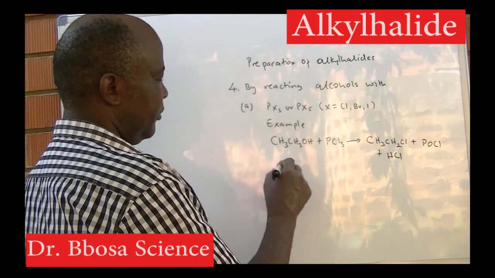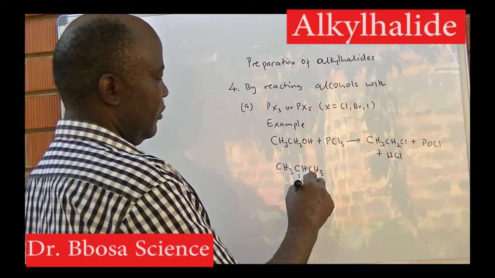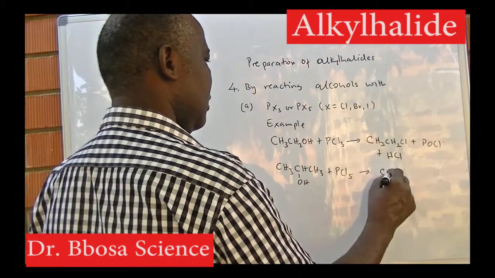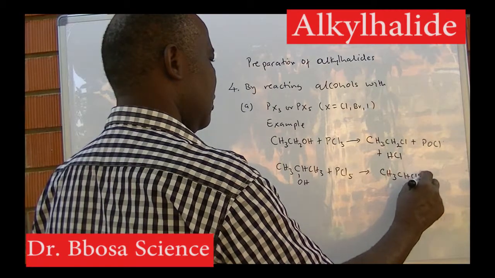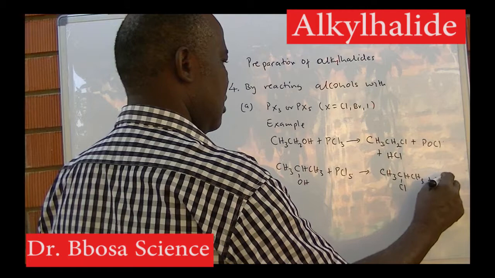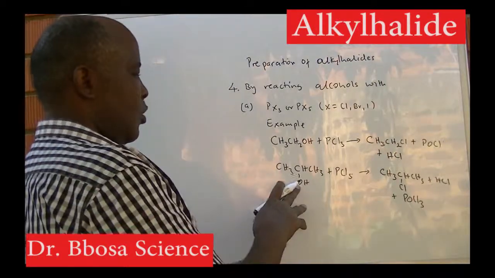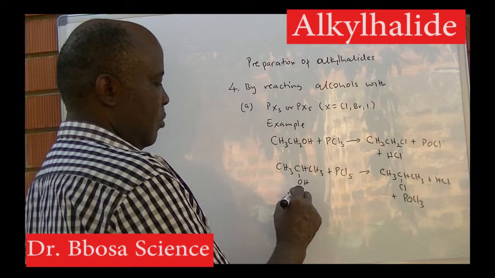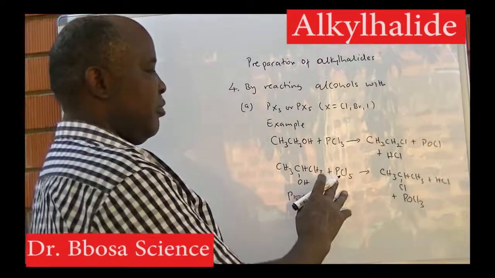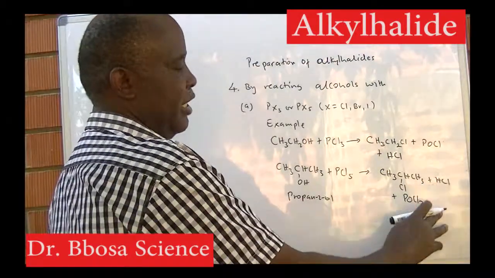Example 2, propan-2-ol reacts with phosphorus pentachloride to form 2-chloropropane, HCl and POCl3.